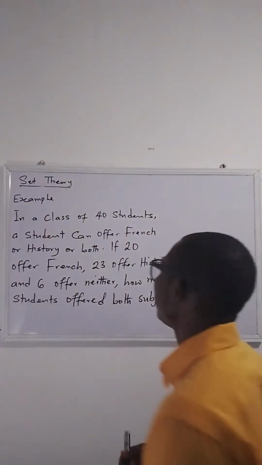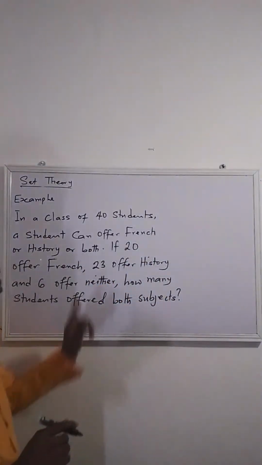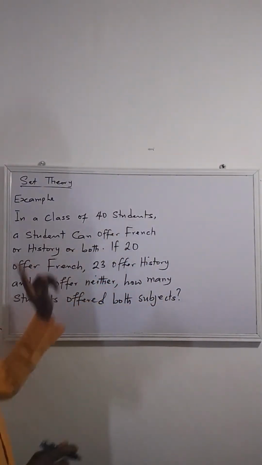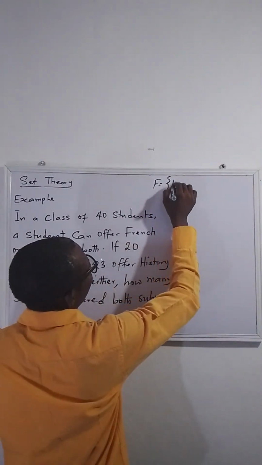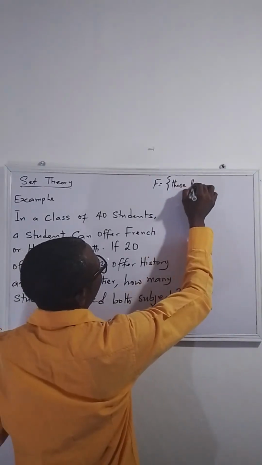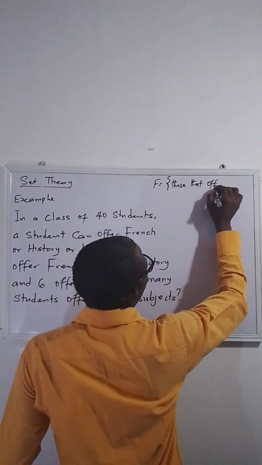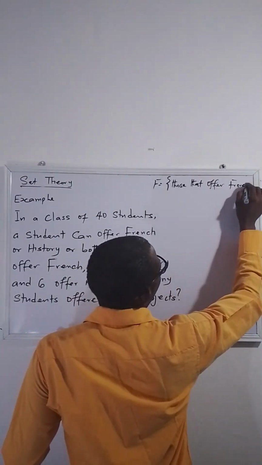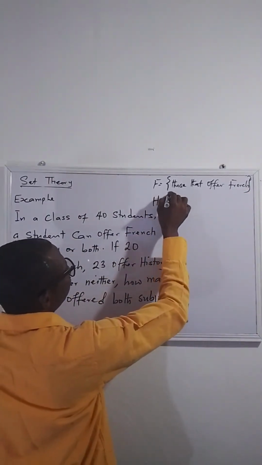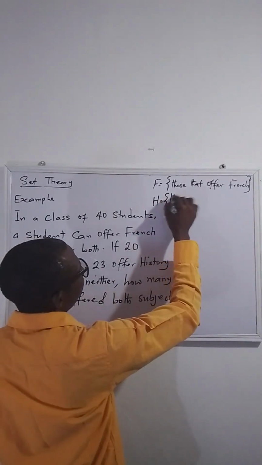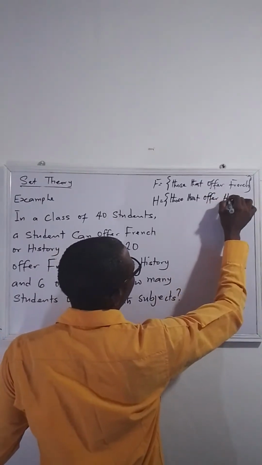All right, now let's list all of these one after the other. Now let's call U the universal set, okay? And let F be the set of those that offer French. Okay, and H to be the set of those that offer history.